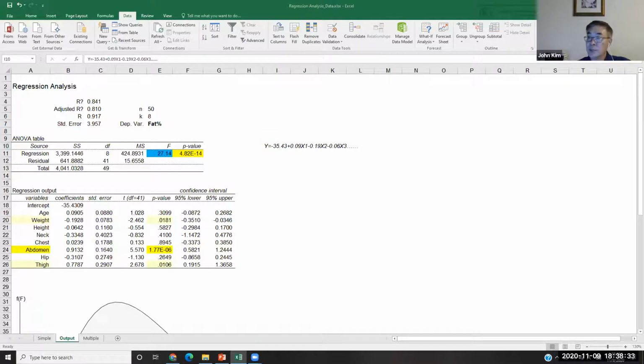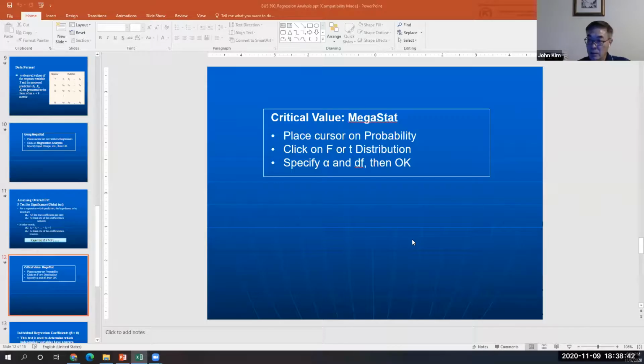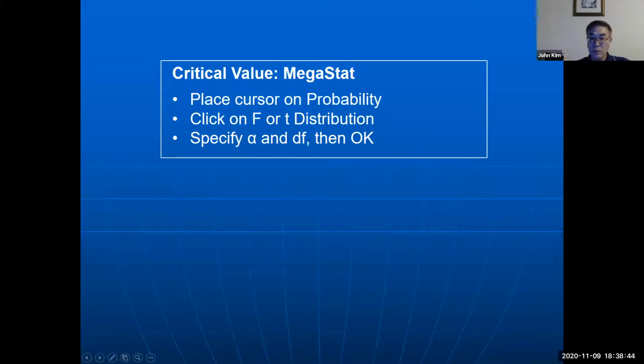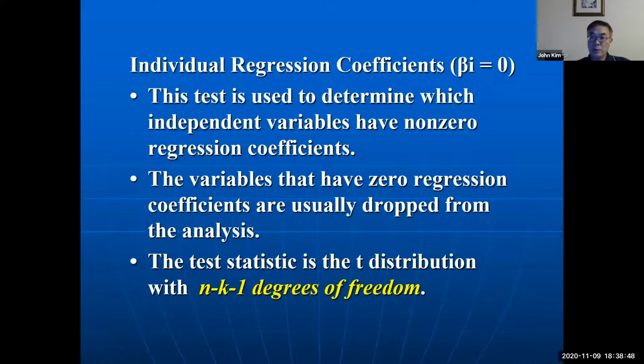So to determine which X variable is useful, we test the individual regression coefficients. So individually we test.